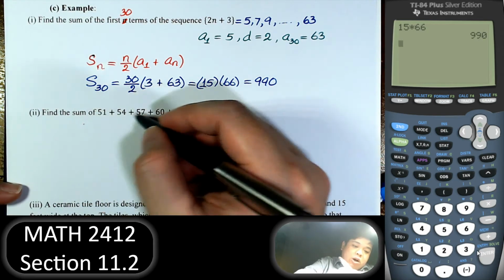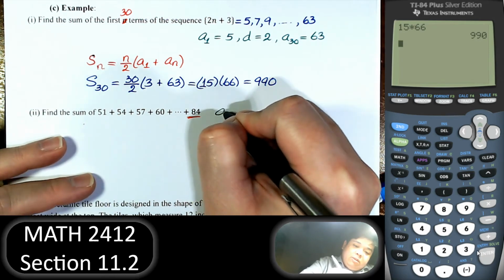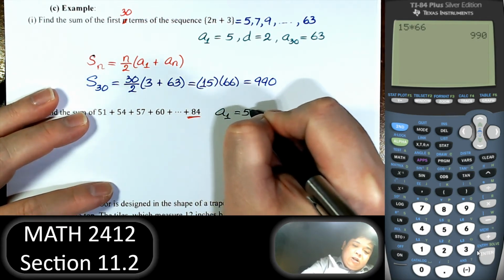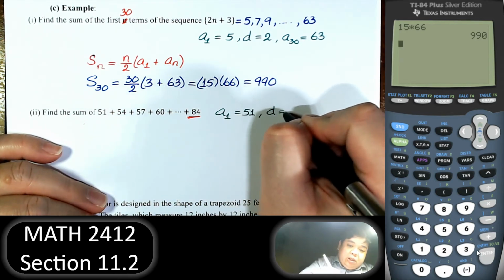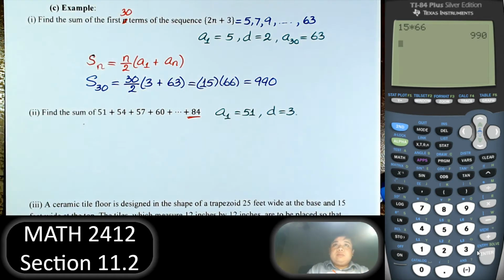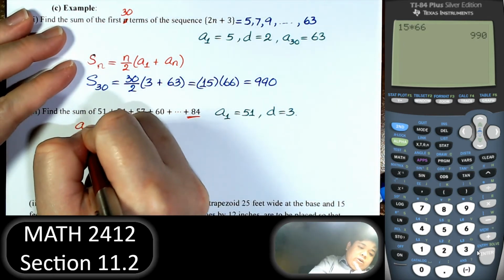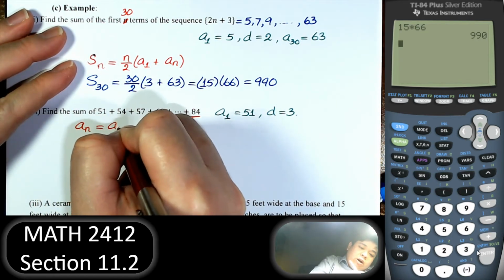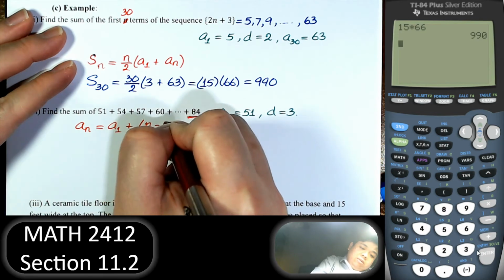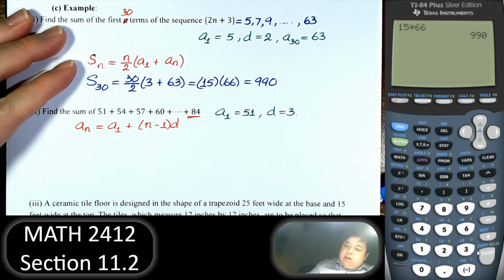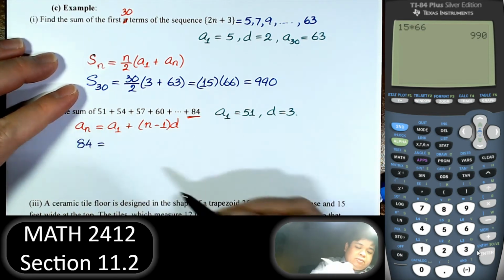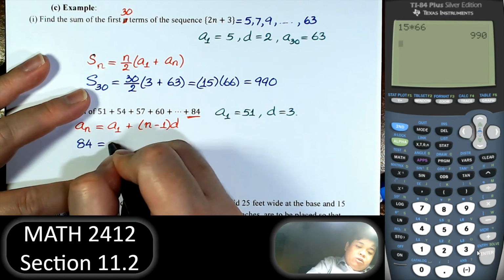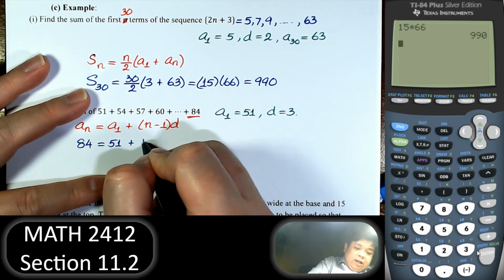And in this sequence, the first term is 51. To get from this to the next, we add 3. So in general, a sub n equals a sub 1 plus n minus 1 times the common difference. a sub n, we don't know what n is, but we know that it is going to be 84. The first term we know is 51, and then n minus 1.